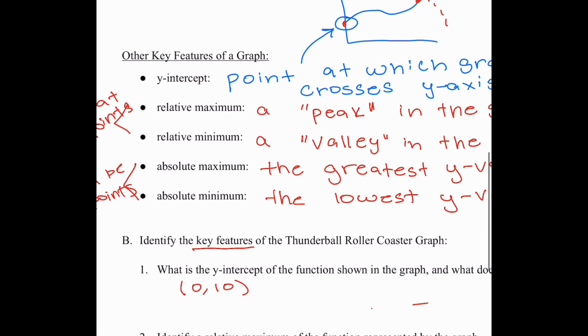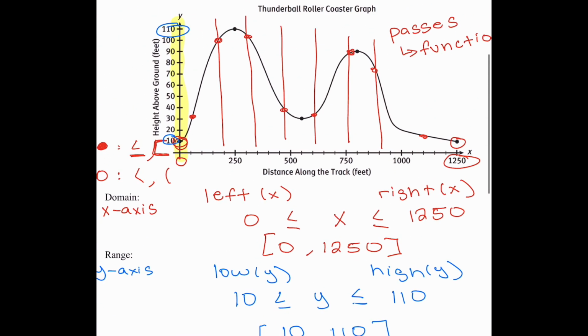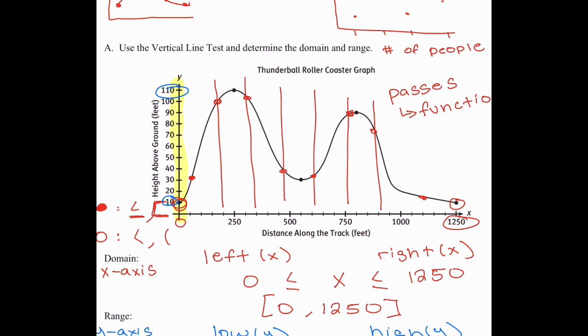And the other part of the question asked us to determine what it represents. Why is 10 important? Well, let's look back and think about what this graph is telling us. This graph represents a roller coaster, and the x-axis, or the independent variable, is the distance along the track. So as you're going along the track, you reach different heights. Our height is the dependent variable, because depending on where you are along the track, you might be at different heights above the ground.